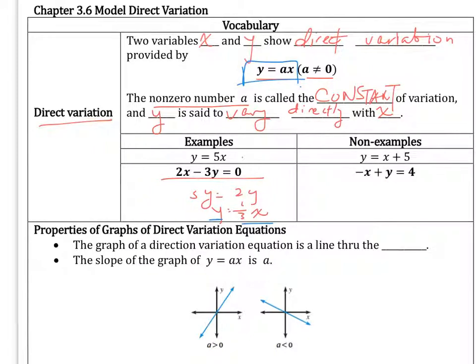However, y equals x plus 5 is not a direct variation. It does not follow y equals ax. And the same goes for negative x plus y equals 4. If we change this to slope-intercept form, we have this extra constant to the right that makes it not a direct variation.